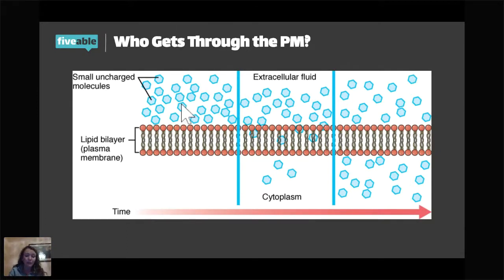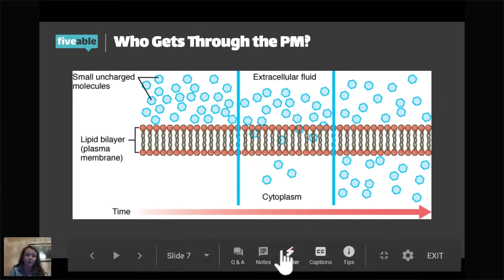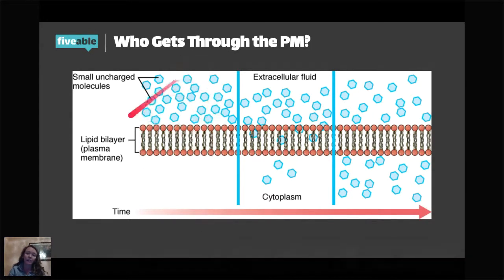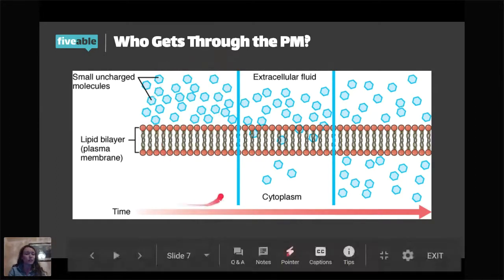So for example, on the left-hand side of this image over here, we have a very high concentration of whatever these blue molecules are on this side of the cell membrane, and we have a very low concentration of those blue molecules because we have none on this side of the cell membrane. Okay, so high concentration, low concentration. The change in those concentration values is called the concentration gradient.